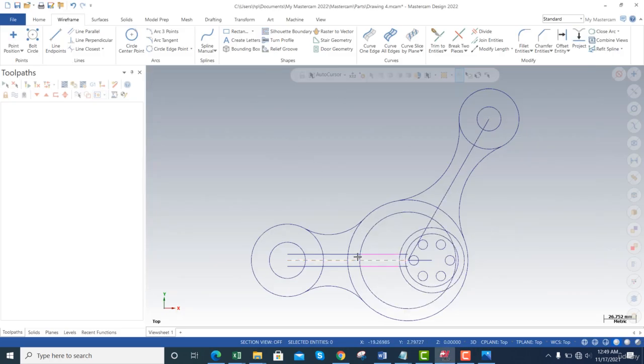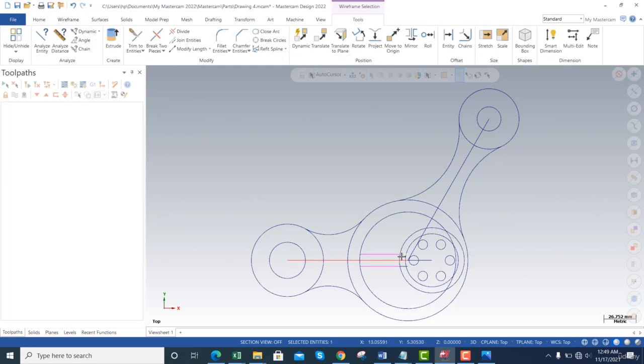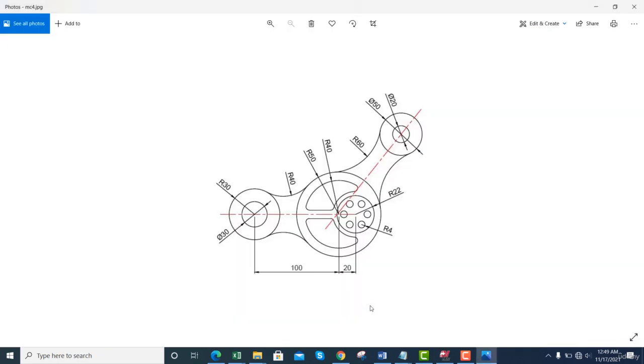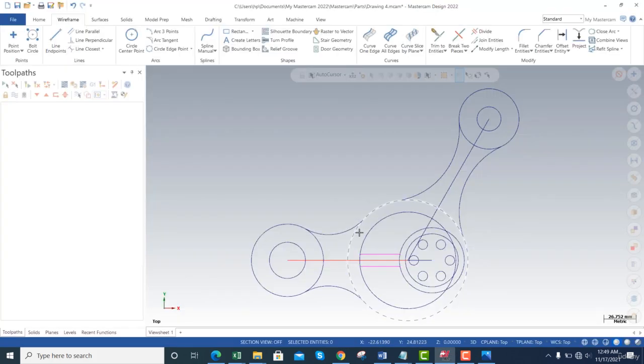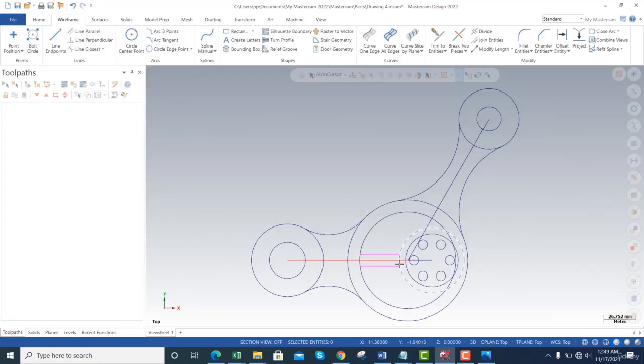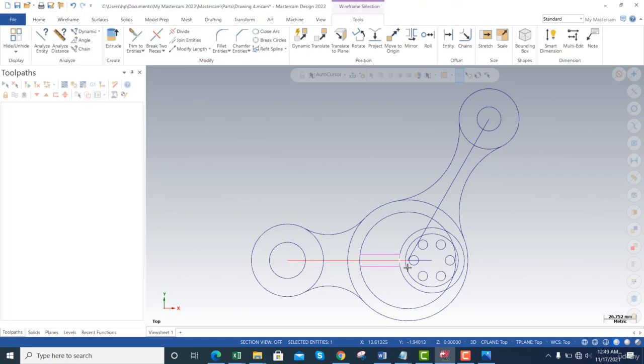Okay, now I can delete this line and similarly this and this. Okay, we also don't need this one, so I will break this at this point and break this at this point. So I will delete this portion.